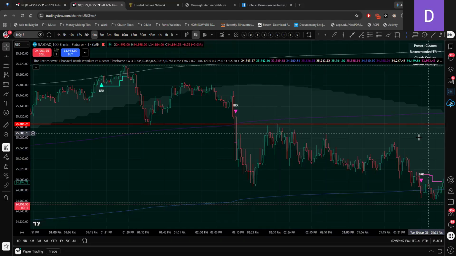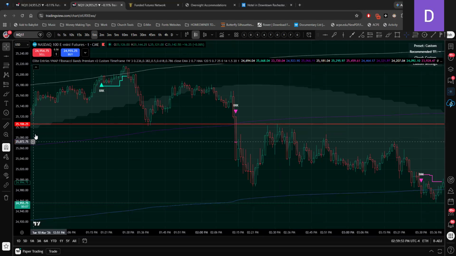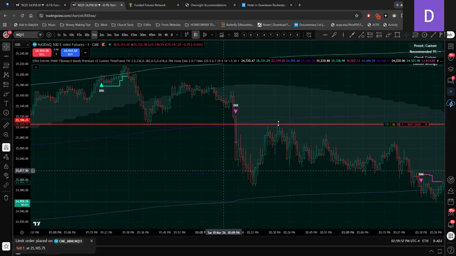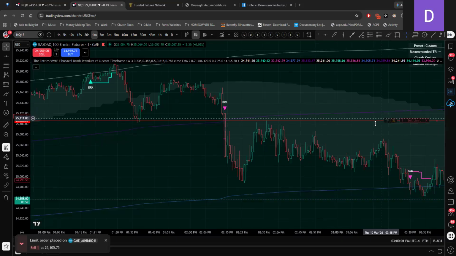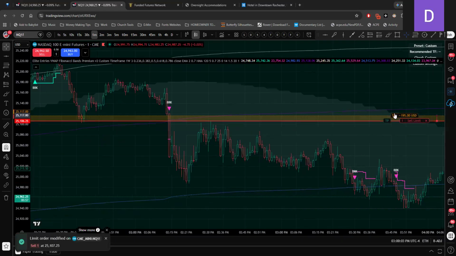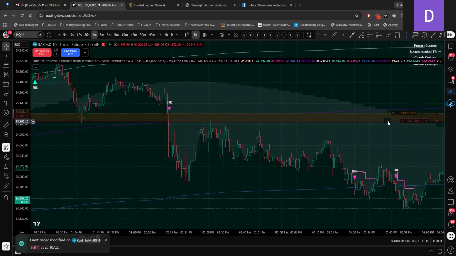All right. Now let's measure it out. Sell limit order, price ends up filling it right here. Stop loss right there. 280. Your risk is 280.